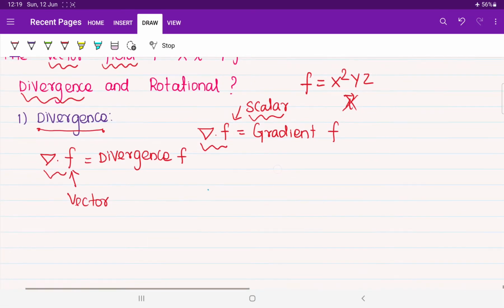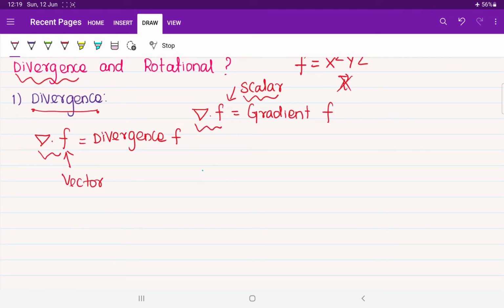So that is the basic difference between divergence of f and gradient of f. In both cases del is a vector, the same operator, but your function will be different. Here your function is scalar, here your function is vector.